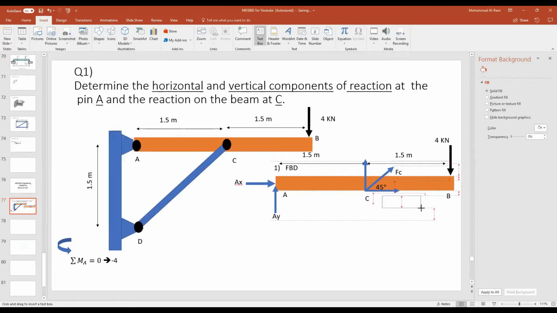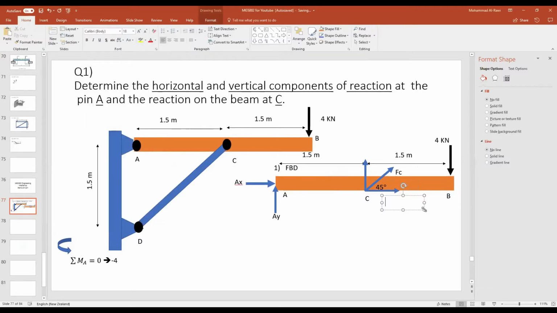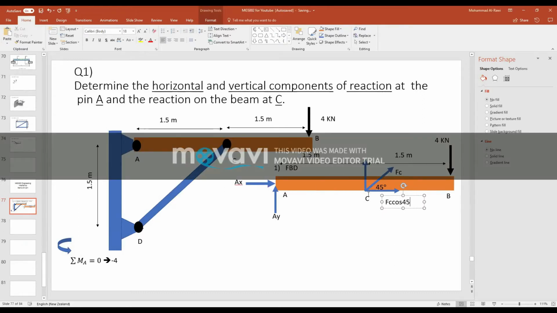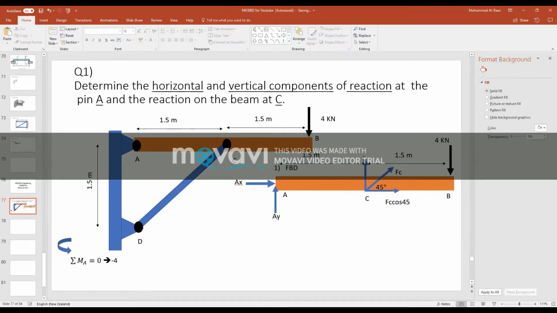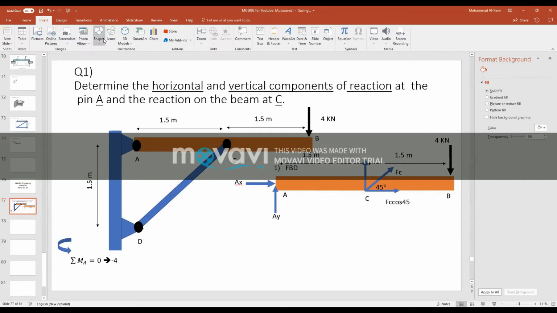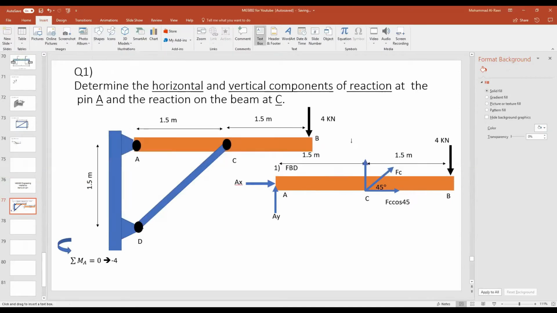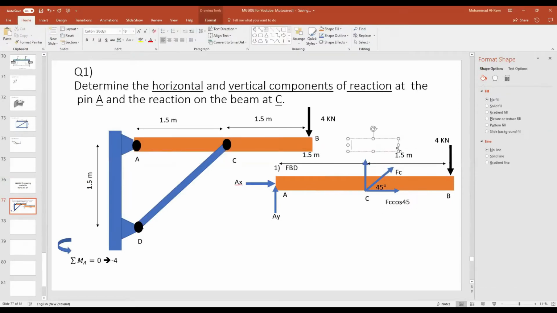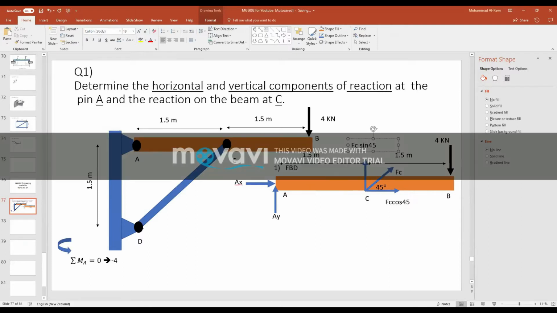You have horizontal, which is FC cosine 45. But remember, because we're taking a moment about A, this force will not be taken into account because it passes through point A. Now I'll take the vertical component of this force. I would type the equation here: FC sine 45. By the way, even if you try cosine 45, it will give you the same answer. You can try it.